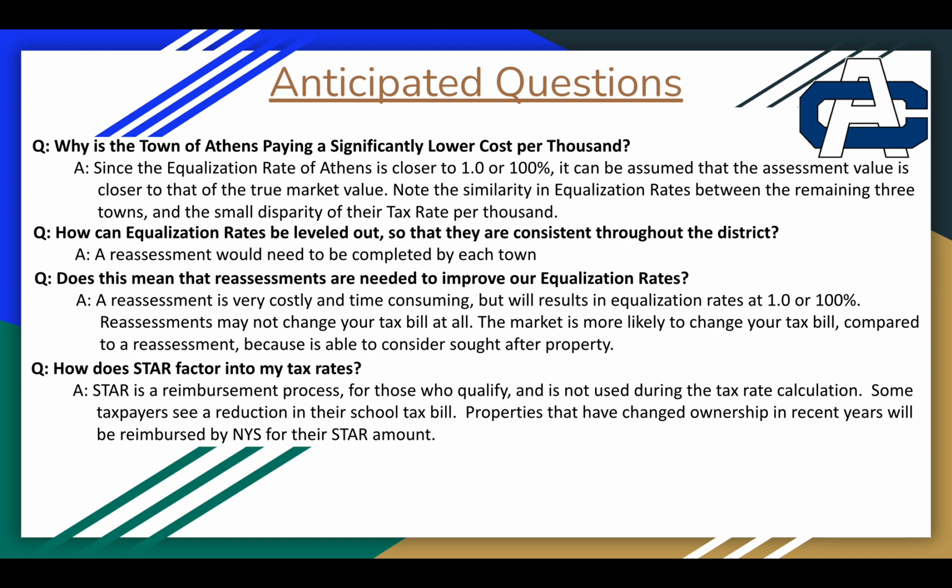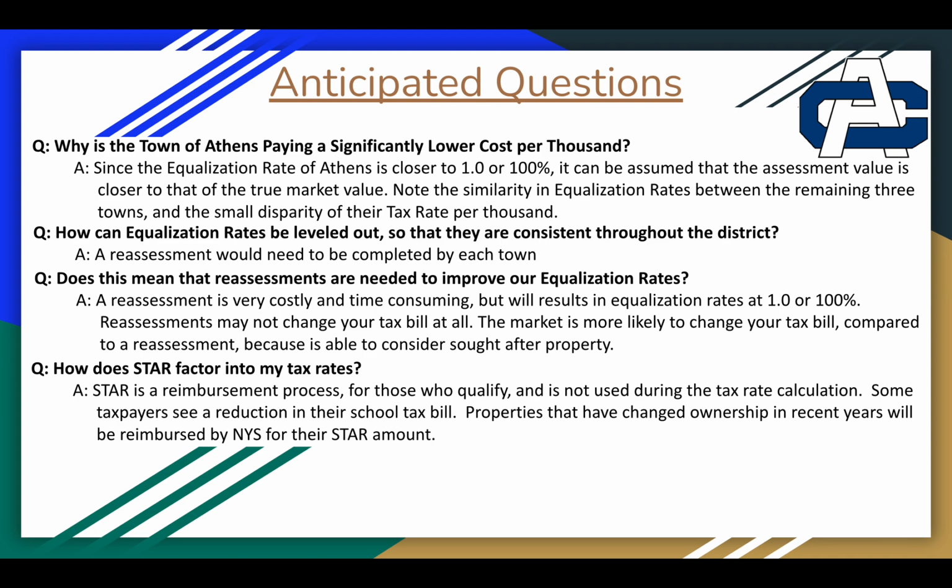The next thing I'd like to do is just to identify some questions that I anticipated in the creation of this presentation. At a glance, the first question might be, why is it that Athens is paying significantly less per 1,000 than the other 3 towns, Carroll, Coxsackie, and New Baltimore? Since the equalization rate of Athens is closer to 1.0 or 100%, it can be assumed that the assessment value is closer to that of the true market value.